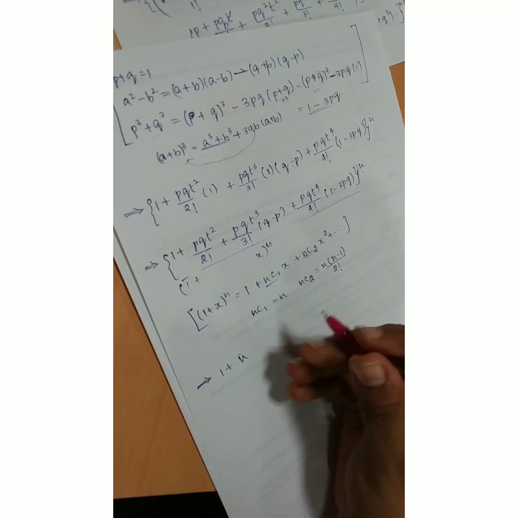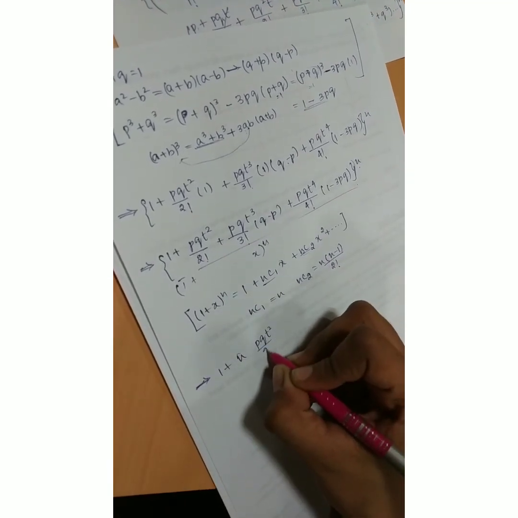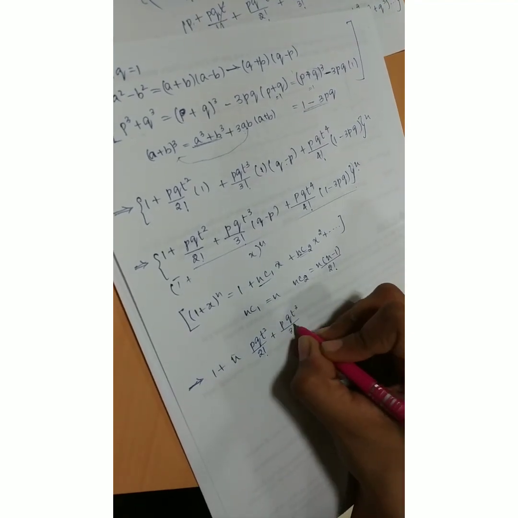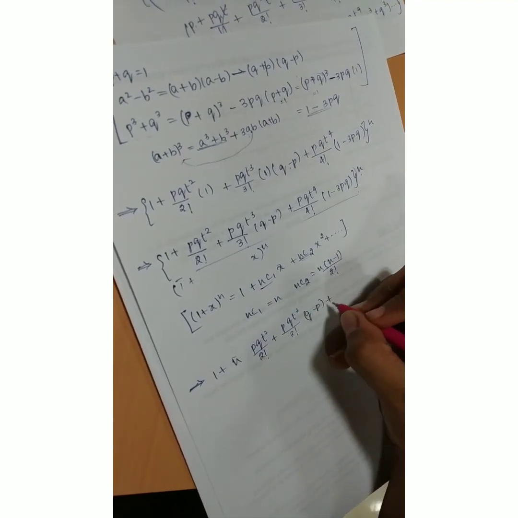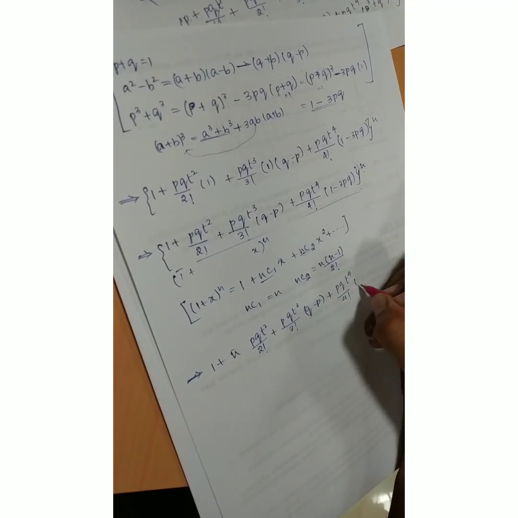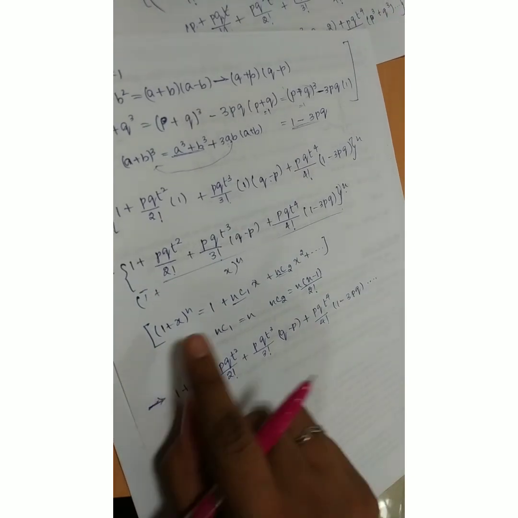1 plus n into pq t square by 2 factorial plus pq t cube by 3 factorial into q minus p plus pq t power 4 by 4 factorial into 1 minus 3pq. This is nc1 into x.